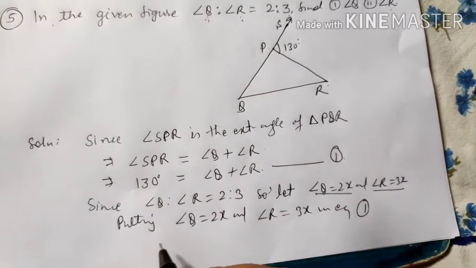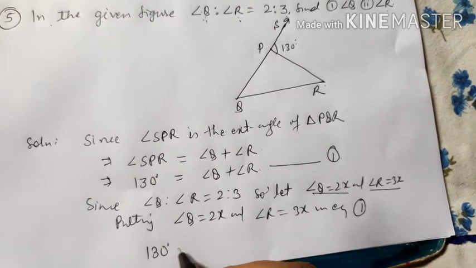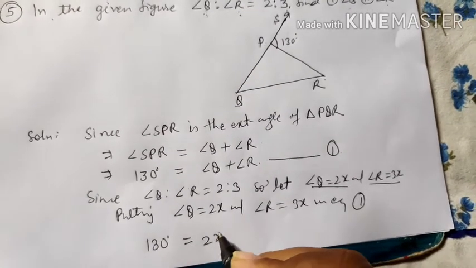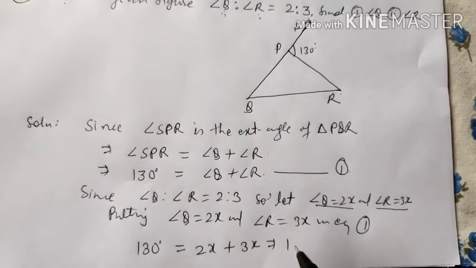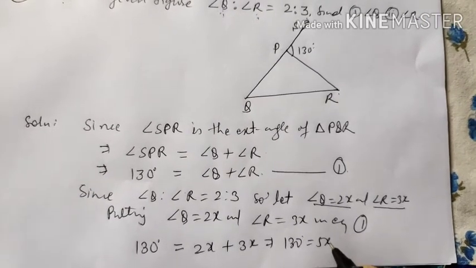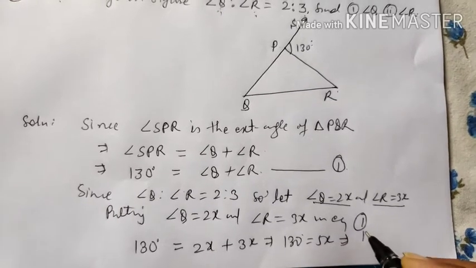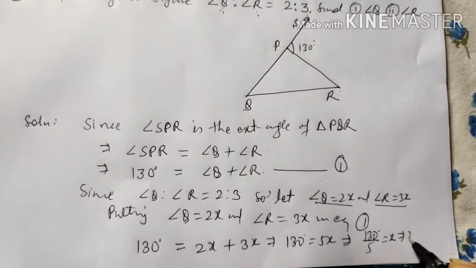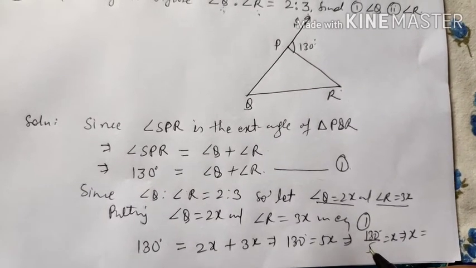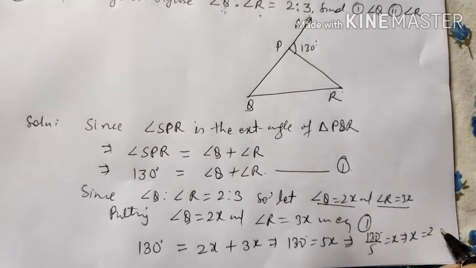We see that 130 degree equals 2x plus 3x. And this implies 130 degree equals 5x. And this implies 130 degree upon 5 equals x. This implies x equals 26 degree.